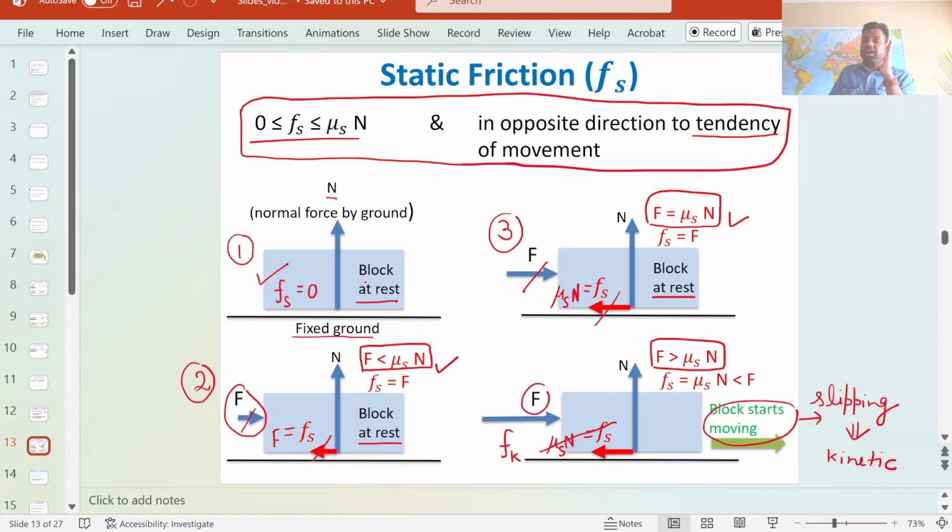Okay, so now you see what it means by that static friction is between 0 and a maximum value. And once the block starts moving, the friction will convert into kinetic and the friction will become kinetic.